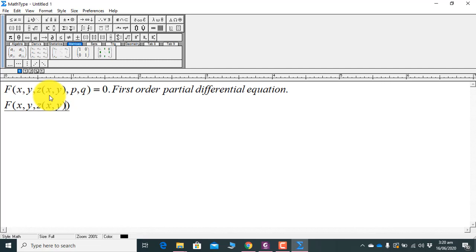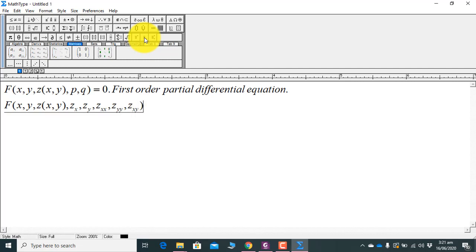So there are only two independent variables and their partial derivatives: zx, zy, and z. Now there will be some second order derivatives as well. So there will be zxx, zyy and zxy, because there will be some mixed derivative as well.